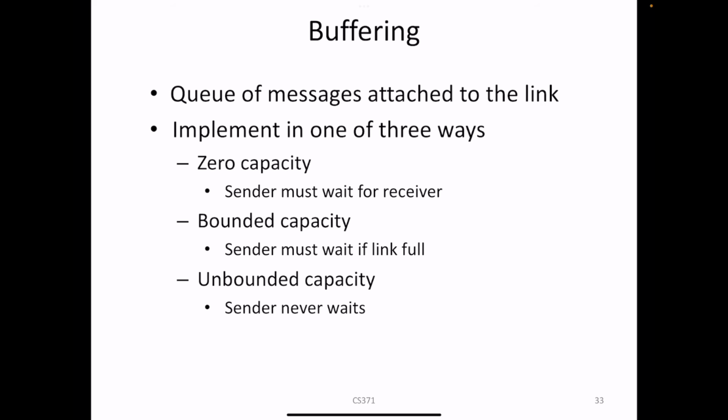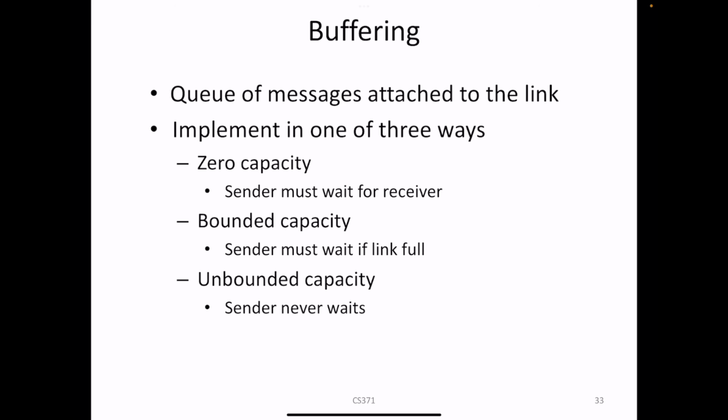When two processes want to communicate with each other over a link, there may be multiple messages exchanged over the link. If the process that receives the messages cannot deal with those messages on time, the messages will be temporarily buffered so that the receiver can eventually deal with those messages.